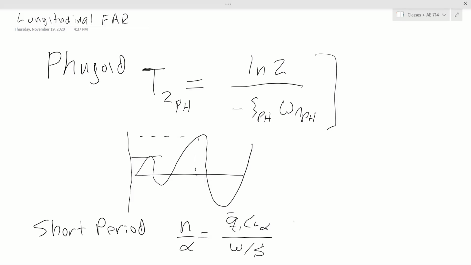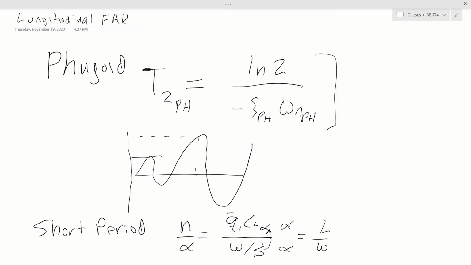And if you multiply and divide by alpha, you find out you move the S up to the top, and you get Q bar S C L, so that's lift, divided by weight.